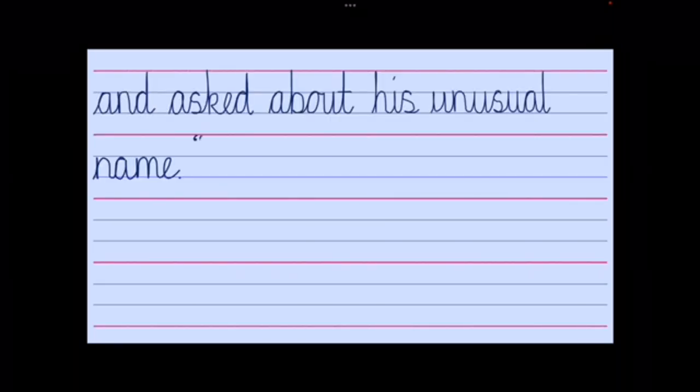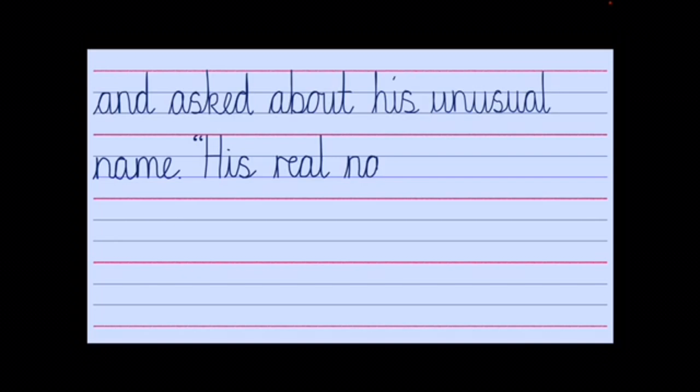Speech marks. His real name is, and then for sugar, well, she's quite right. We start with capital S-U-G.